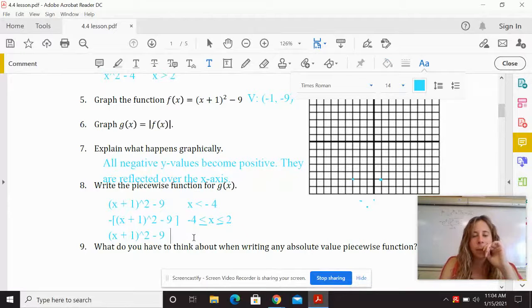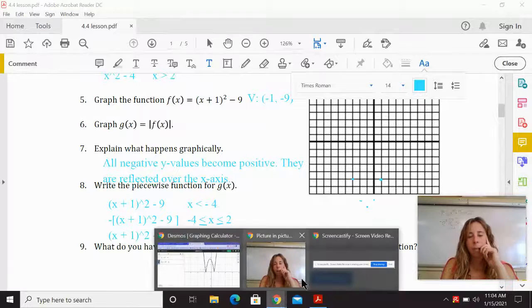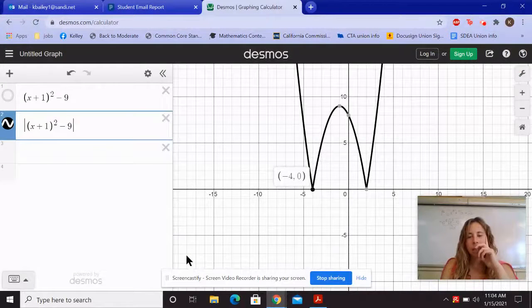And then the last part is, I'll give you a hint. X is greater than what number? I can show the graph again. So our last section, x is greater than what number?